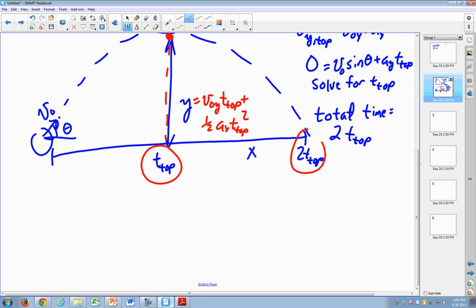And then over here, if I want to find the range, I just say x is equal to vx times t, where vx, remember, doesn't change throughout the trajectory. That's just going to be v naught cosine theta times twice t top. That's our total time because I'm finding the position after all the time has elapsed. Okay?